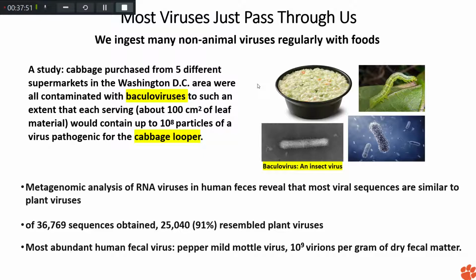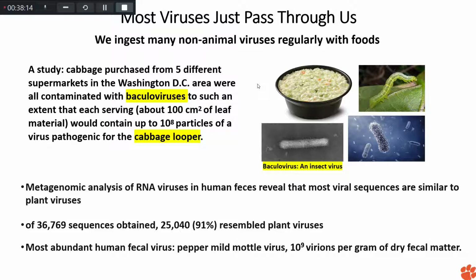On the other hand, in metagenomic analysis, you just take the samples from stool and do a deep sequencing to find every possible viral sequence in there. You're going to see that most of the RNA viruses that we find are similar to plant viruses. That's very interesting.